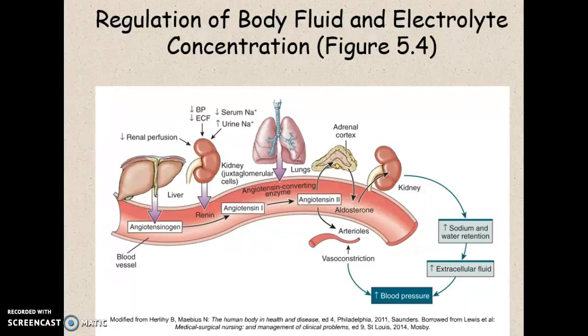So these are hormone mediators. The angiotensin 1, the angiotensin 2, the aldosterone, and the overall result is to increase reabsorption of sodium, increase sodium retention, cause secretion of potassium, and finally to increase blood volume and blood pressure.